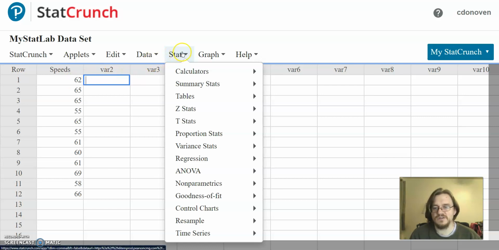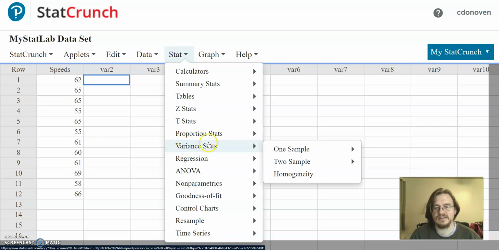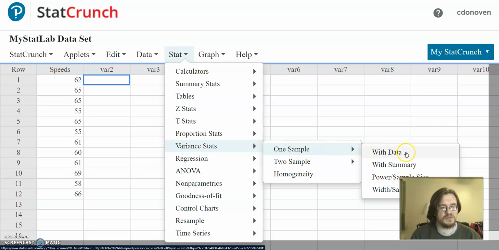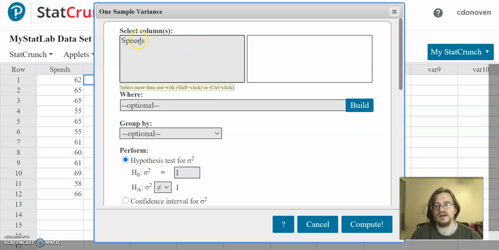Again, we can come over to Stat, and we can look at the variance statistics. We only have one sample, and we want to look at this sample with data. So we're actually given the data values, so we can calculate this. So we want the speeds column.